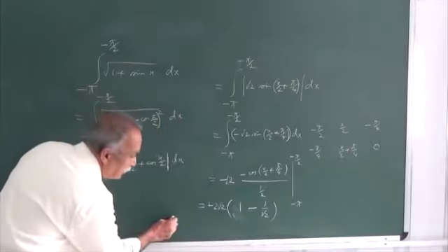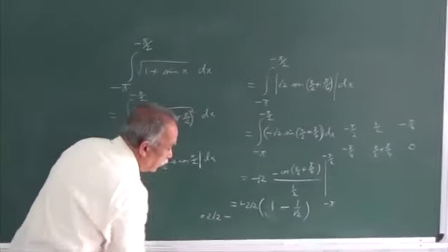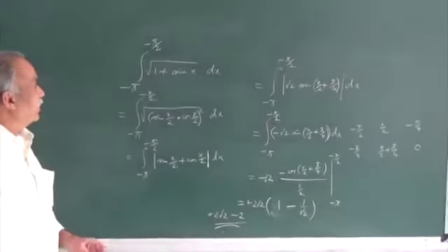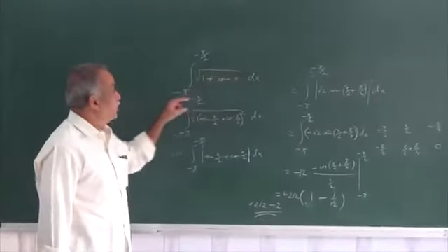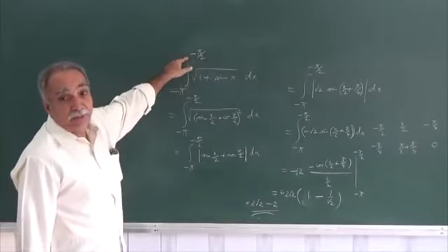Or this is 2 root 2 minus 2 root 2 by 2, 2. This is the value of the definite integral of root 1 plus sin x with respect to x between the limits minus pi to minus pi by 2.